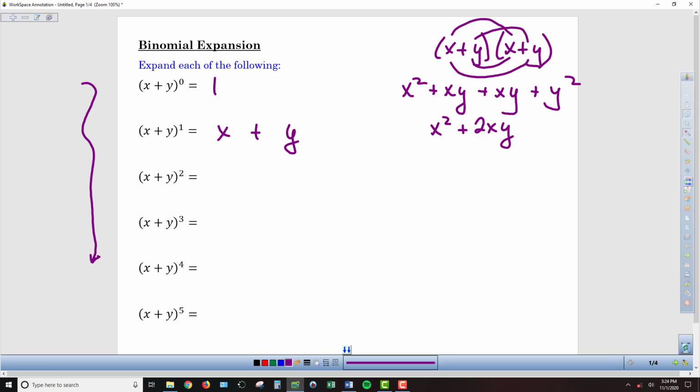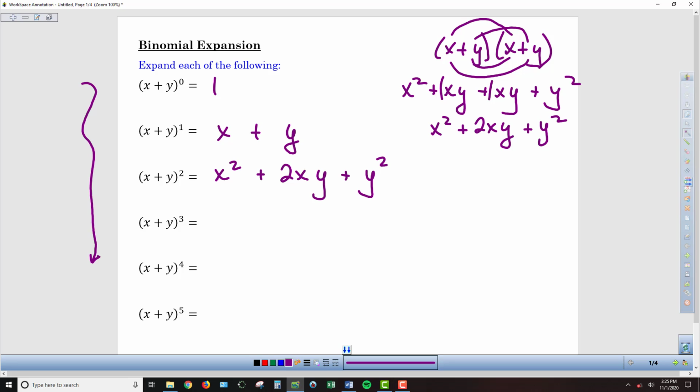Notice the exponents don't change when we add and subtract, just the coefficient in front changes. Think of this as 1xy plus 1xy makes 2xy. And then finally, plus y squared. So that's our answer here. So we get x squared plus 2xy plus y squared.